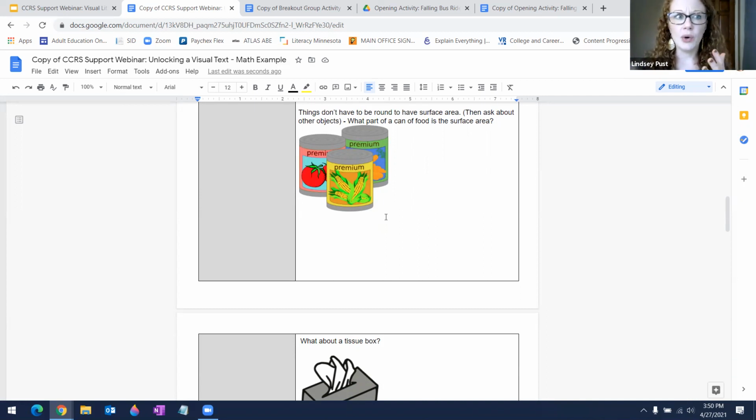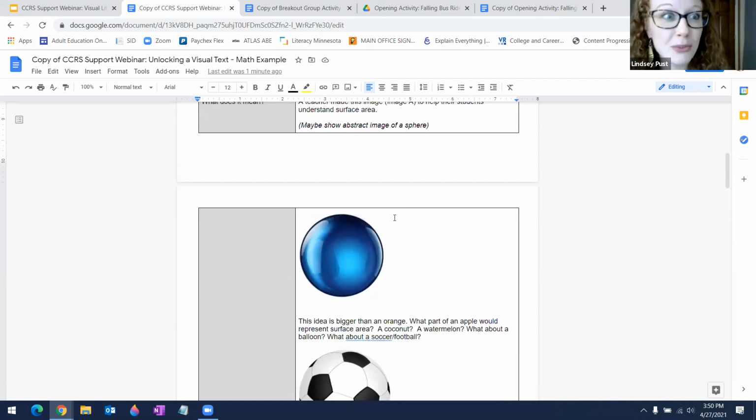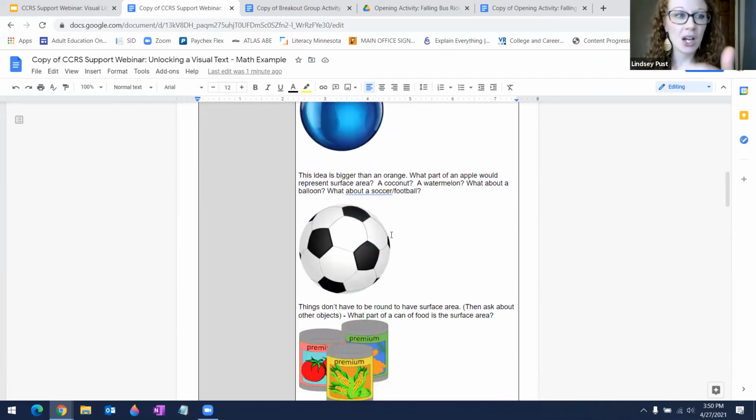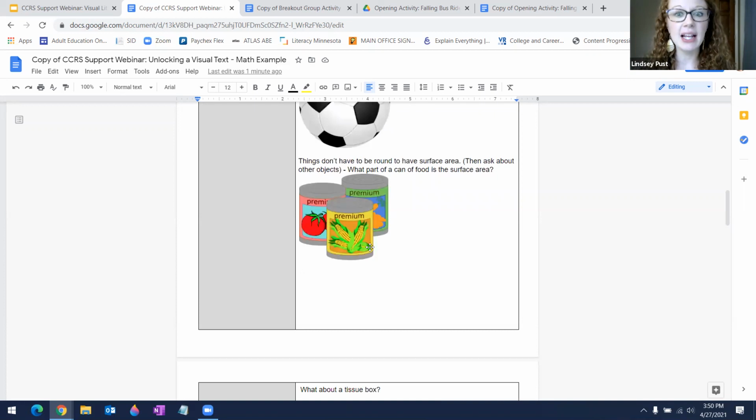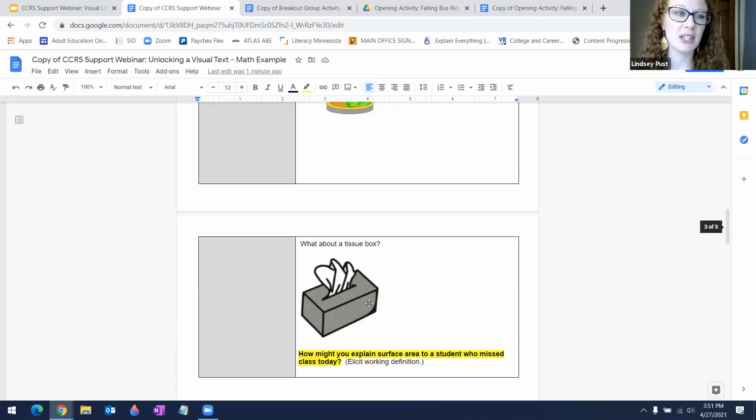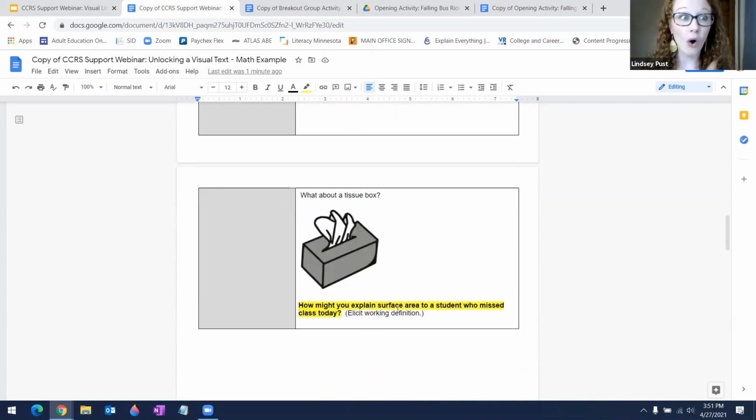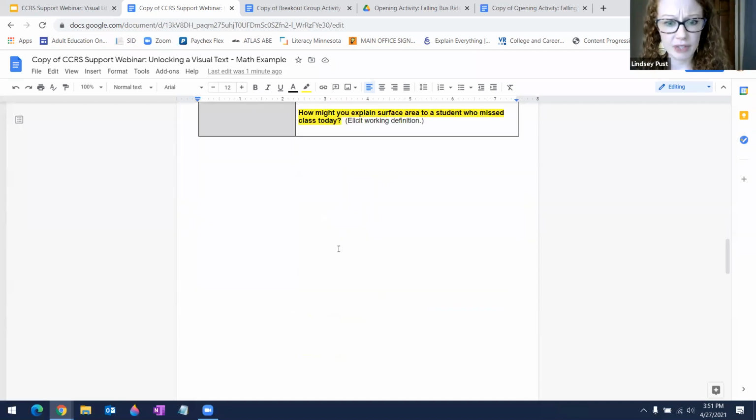Well, surface area isn't just about round things, even though I just had a series of questions leading them through coming to that understanding. But let's not stop there. If I just want to define what surface area is, then let's bring in some other shapes as well. And then can we ultimately come up with a student-generated definition of what surface area means? So that's one goal, using that picture of an orange.